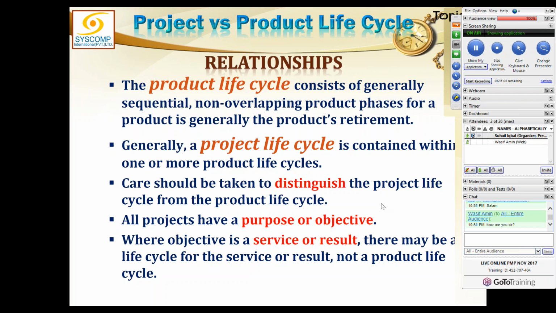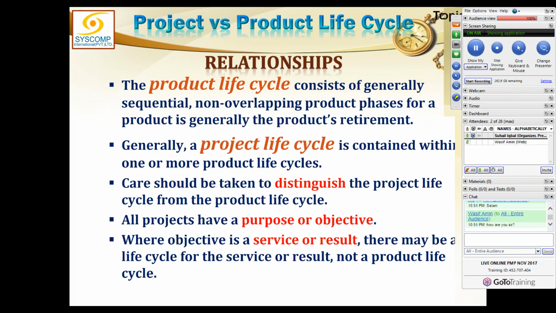Right. So all projects have a purpose or objective, where the objective is a service or result. Now this is interesting because we have been talking about the product life cycle so far. What about the product, service and result? Do you remember the definition of the project? It was a unique product, service or result.